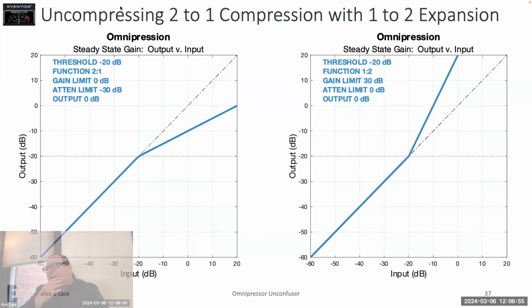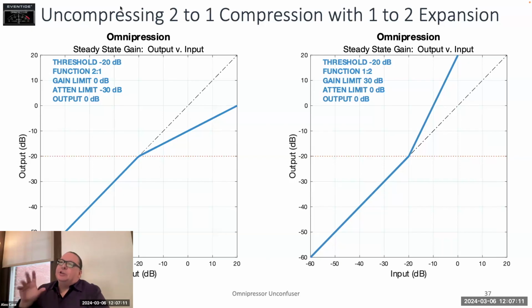One intriguing thing, I think, pedagogically, is that because we can do downward only compression and upward only expansion, we have the ear training possibility of having students undo overcompression, right? If it was compressed in the usual way, the Omnipressor could create the curve that undoes that.